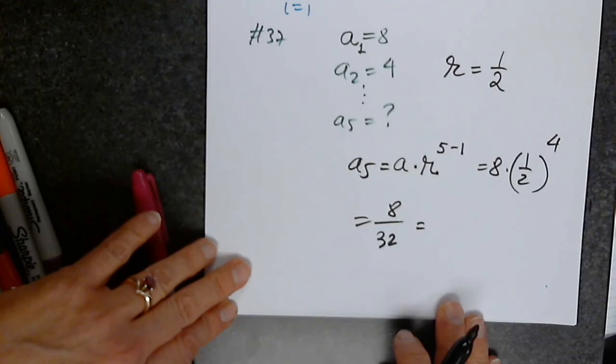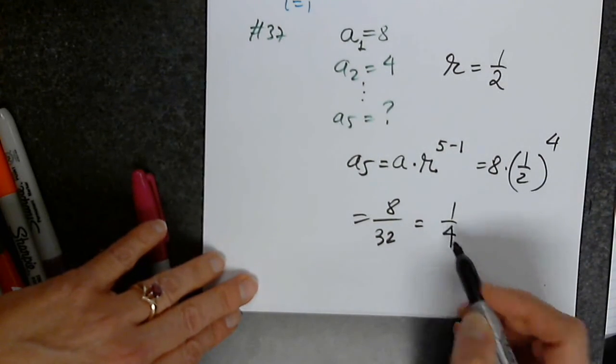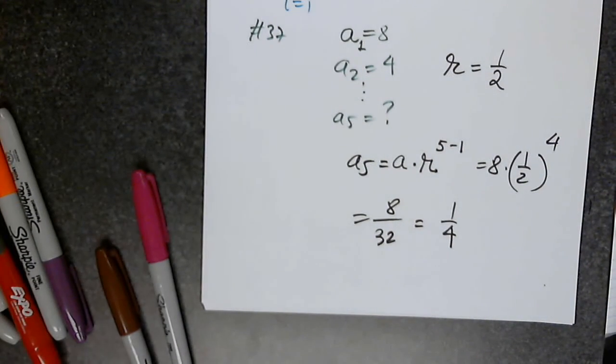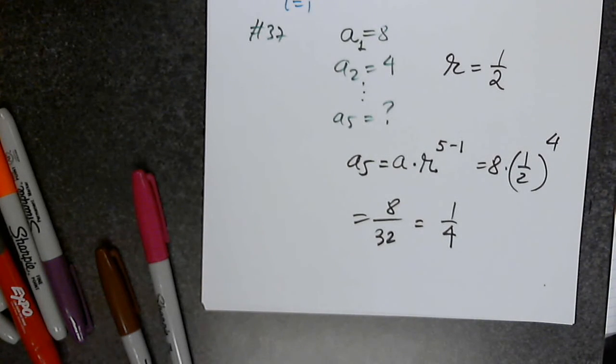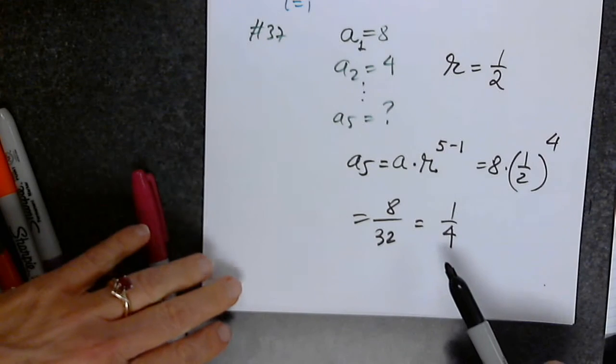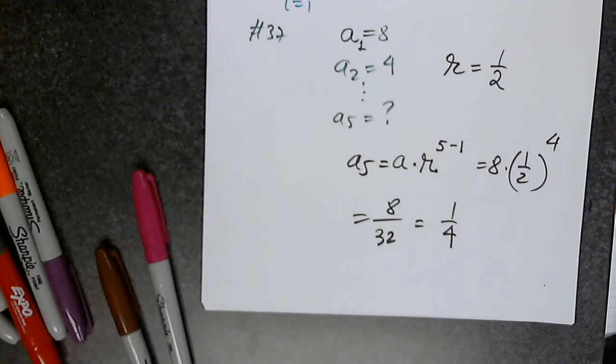So this is 8 over 16, which simplifies to 1/2. Is that okay? So A5 is 1/2.